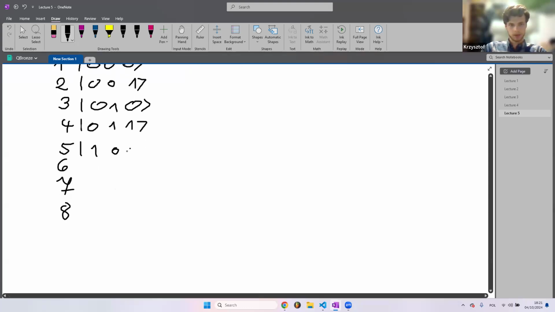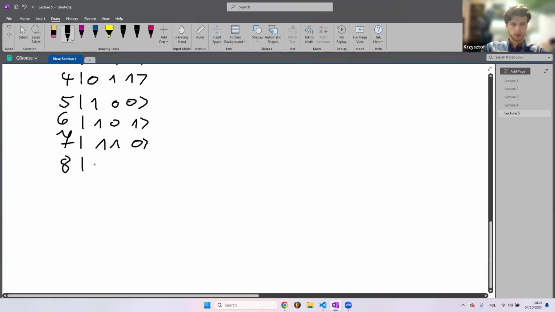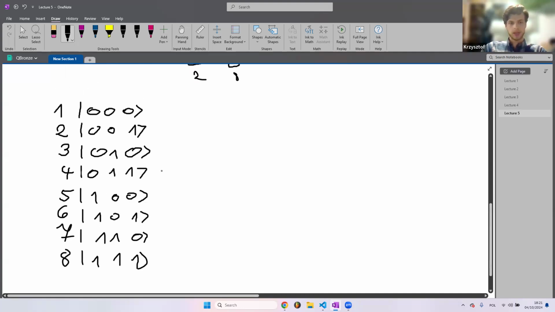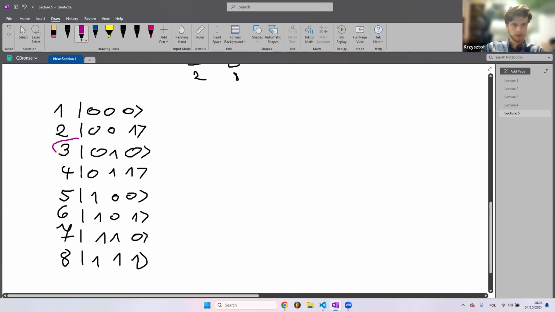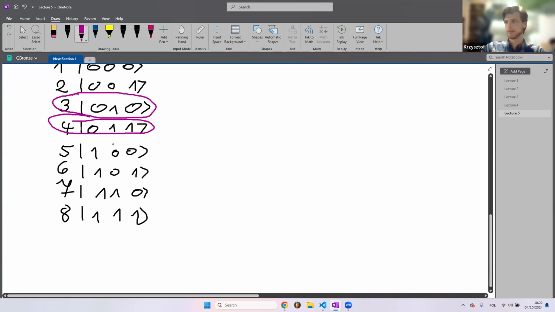1, 0, 0, 1, 0, 1, 1, 1, 0, and 1, 1, 1. Okay, so let's say now that our marked elements are, let's say, 3, 4, and 7.